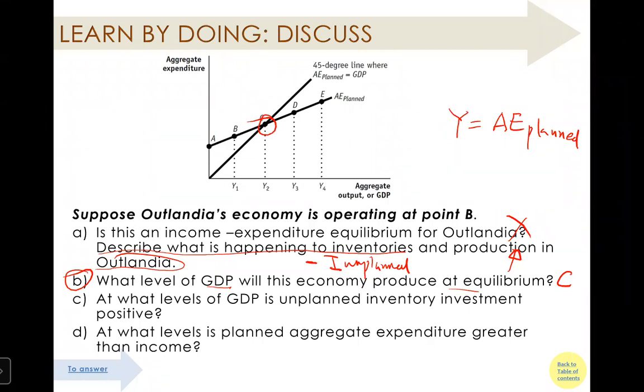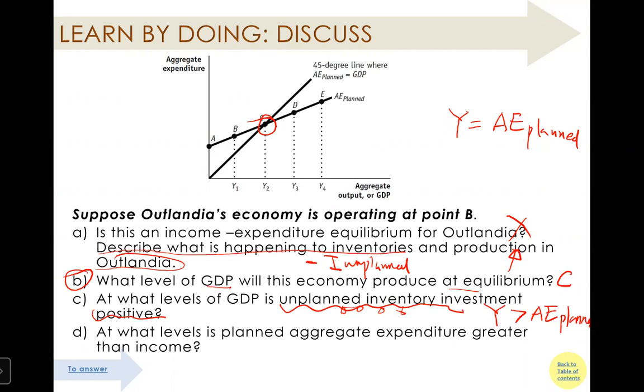Next one. At what level of GDP is unplanned inventory investment positive? Positive usually means the demand is weaker than production. You can't get rid of your inventory quickly enough, and you start to pile up your inventory. So that's what it means to have a positive unplanned inventory investment. In other words, Y exceeds aggregate expenditure.